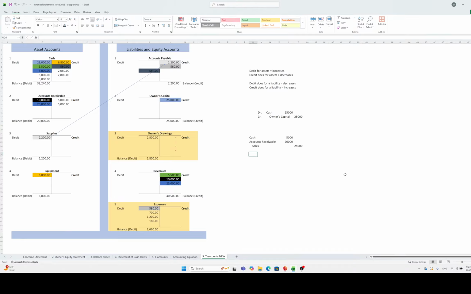So basically the way it works is that accounts payable is 580. So I'm sorry, this is accounts payable of 580. Cash is 580.